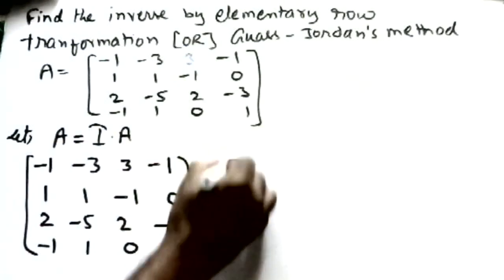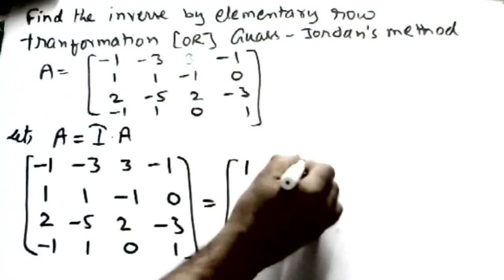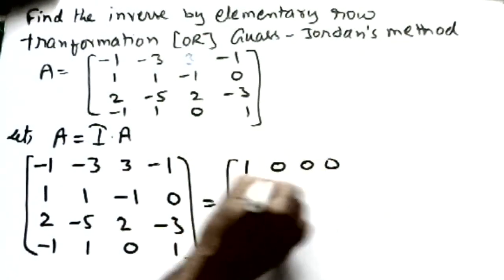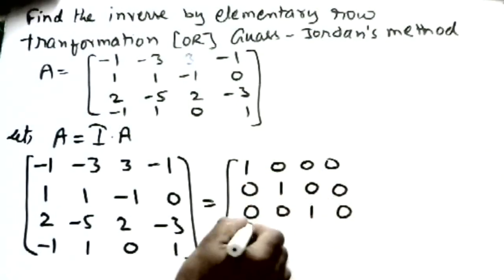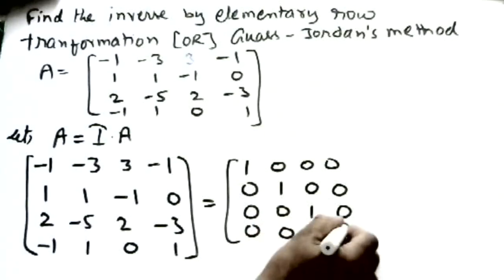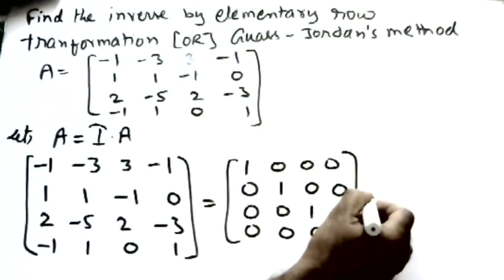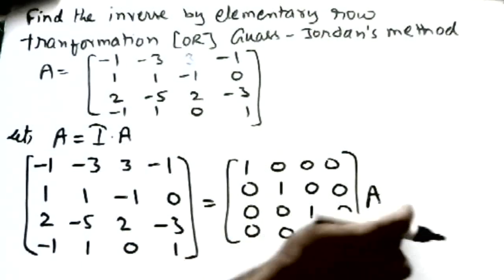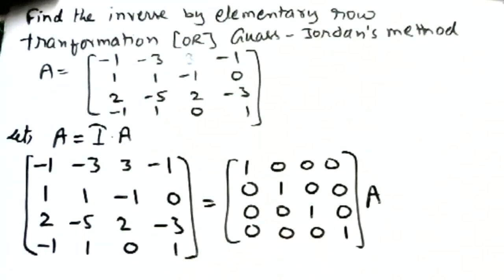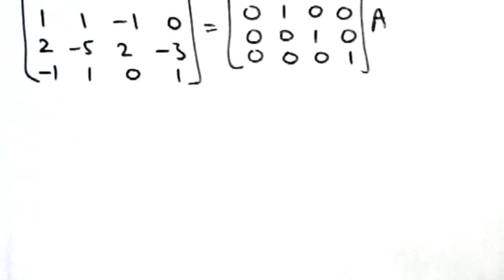Since this is a 4 by 4 matrix, we take I also 4 by 4: 1 0 0 0, 0 1 0 0, 0 0 1 0, 0 0 0 1, into A. No need to write the values of A, just write A.